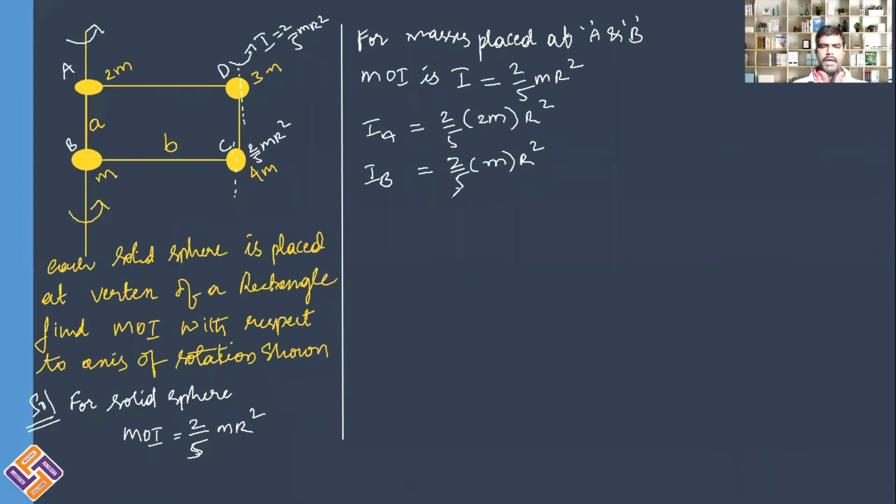Therefore, for finding the moment of inertia of masses placed at C and D, we use the parallel axis theorem.